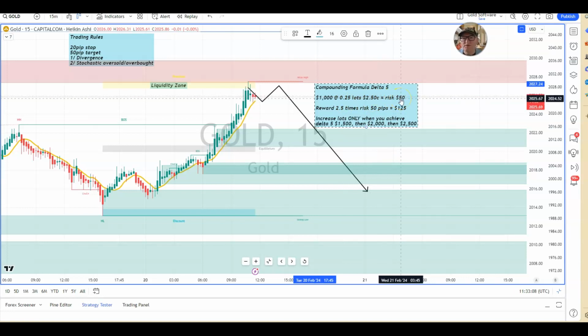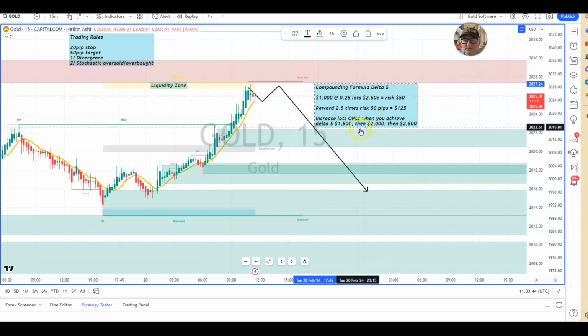As long as you're comfortable with that, that's the key, because we don't have any fear, we don't have any greed in the market. It's a system where it just runs itself. The risk to reward is 2.5 times. Your target is 50 pips as opposed to 20 pips, and therefore your reward is $125. And it's pro rata, isn't it? So if you're a $10,000 account, then you can go 2.5 lots, etc.